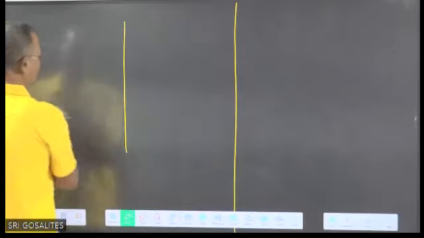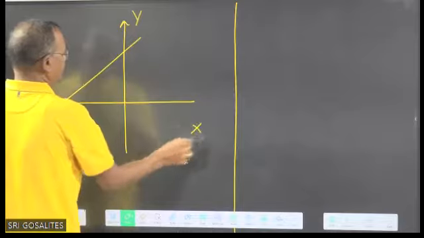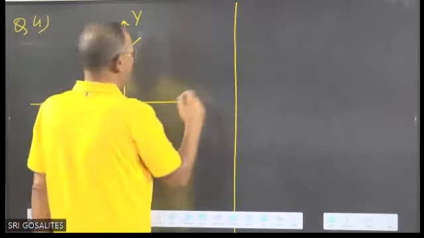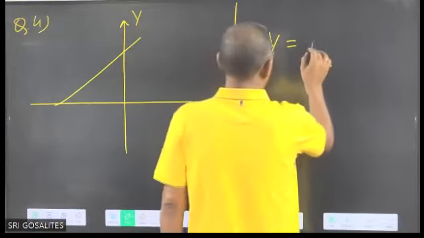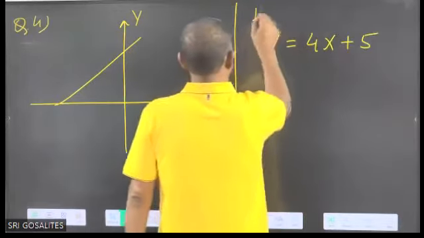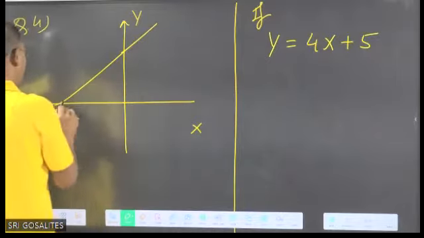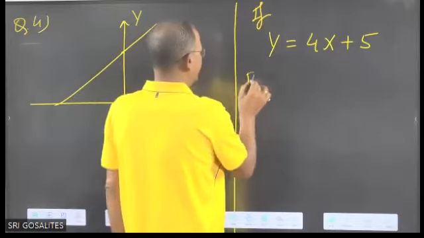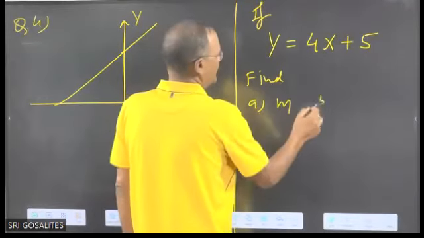Now you tell me another model. Question number 4. If I have a line, y = 4x + 5, this is the equation of this line. What are you seeing in this line? Its equation is 4x + 5. Find A, what is the slope?